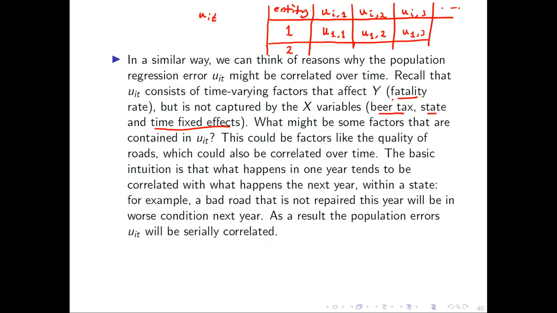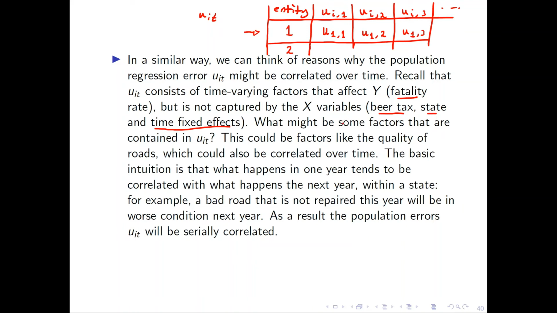So something else could be making the error that we are getting from the regression serially correlated, which means that u11 is correlated with u12 and so on. So within the entity we might have some serial correlation, but among entities, if you look at the vertical dimension, then you should not have any dependency or autocorrelation.